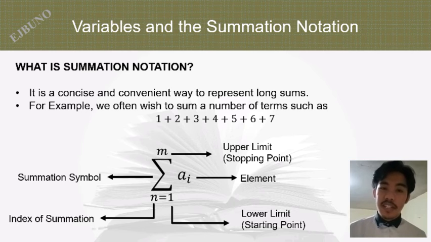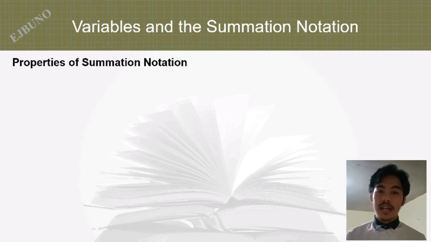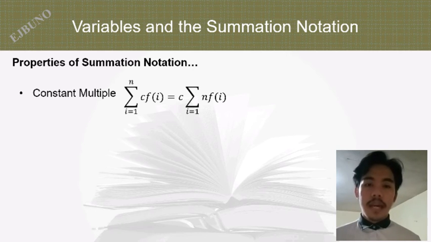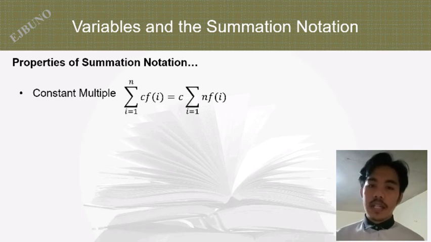Since summation notation is just the simplification of a long sum, we might as well talk about the properties of summation notation. Constant property of summation. When we do summation on a certain constant, we can just rewrite it as the constant multiplied by n, since we are just adding the constant as many times as the upper limit.